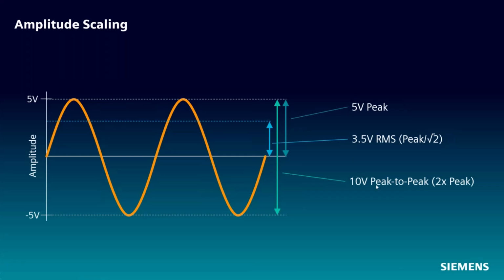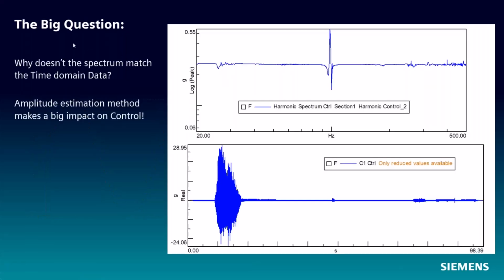You have to make sure you understand these scaling values, and that's the beginning of what we're going to talk about today. Because the big question here is, why doesn't this spectrum match the time domain data? We would expect that with this time recording at 28 Gs, we'd see something at 28 Gs in the spectrum here.